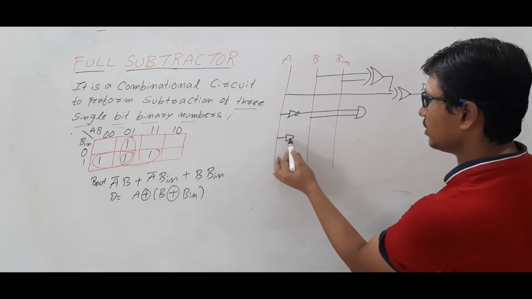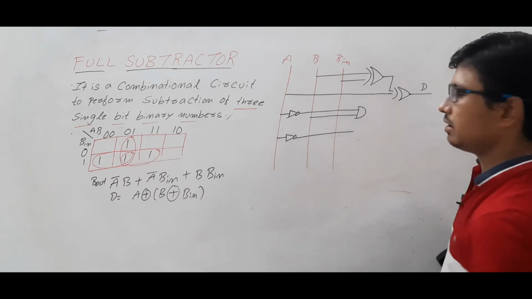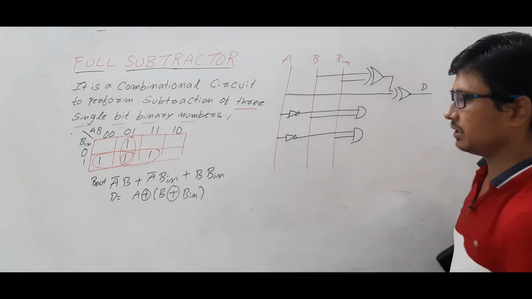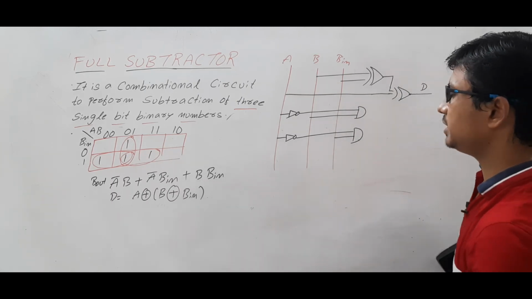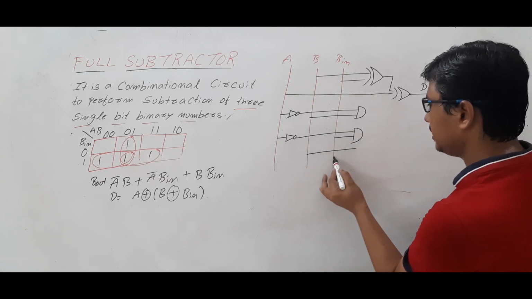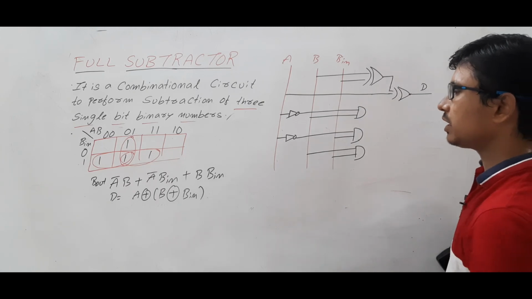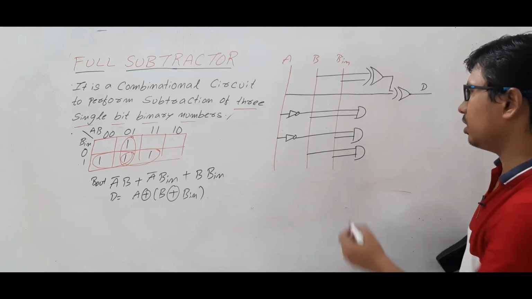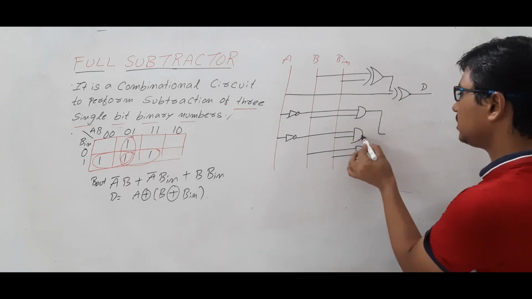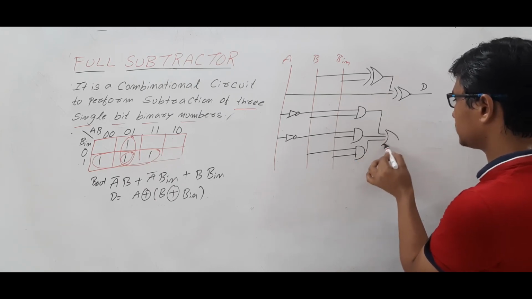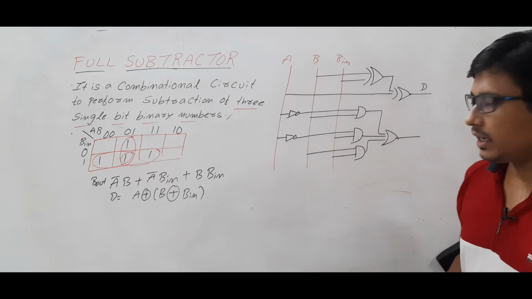Again I will take the NOT gate, and this time I will perform the AND operation with the B in. The next one is B and B in. So B and B in, I'll perform the AND. Then what I have to do, I have to perform the OR. I can take the single OR gate, and I can do it.